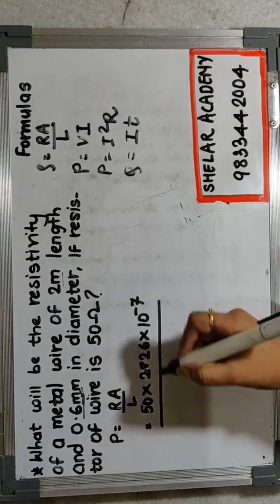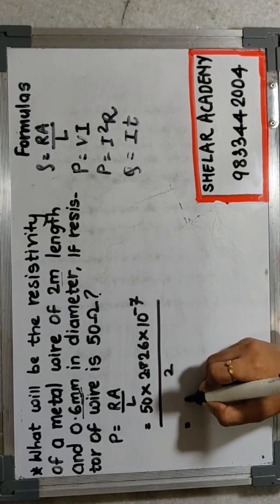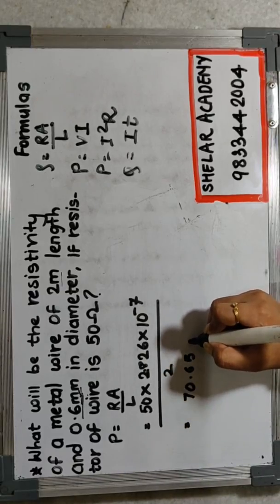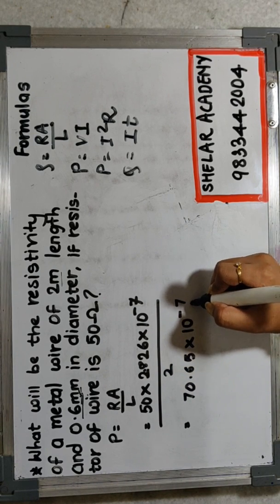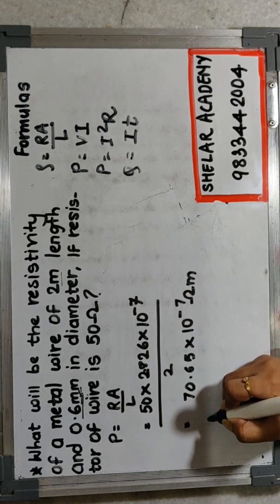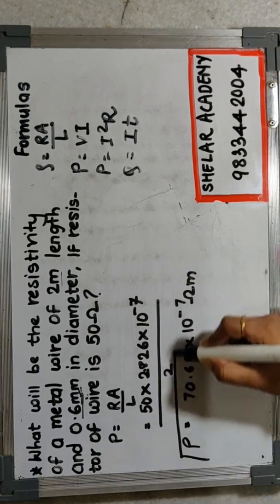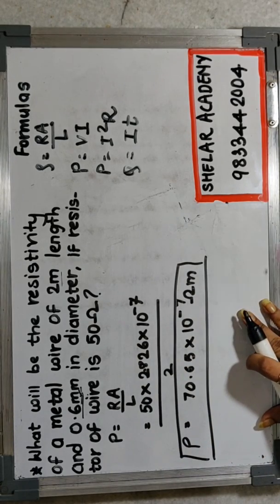Length is 2 meter. So it's 2. We solve this. We get 70.65 into 10 raised to power minus 7 ohm meter. So this is how we have got the answer. This is our answer.